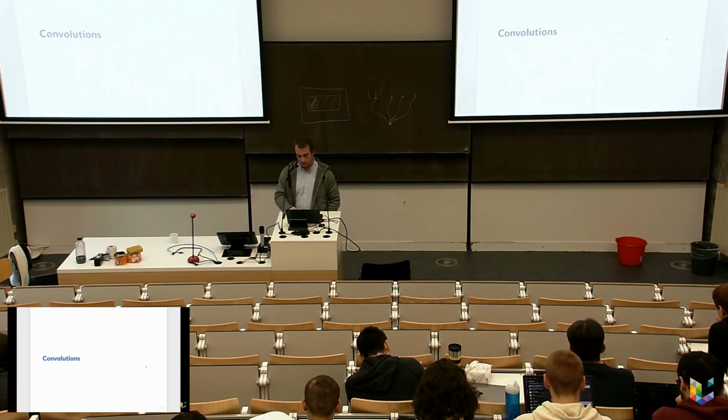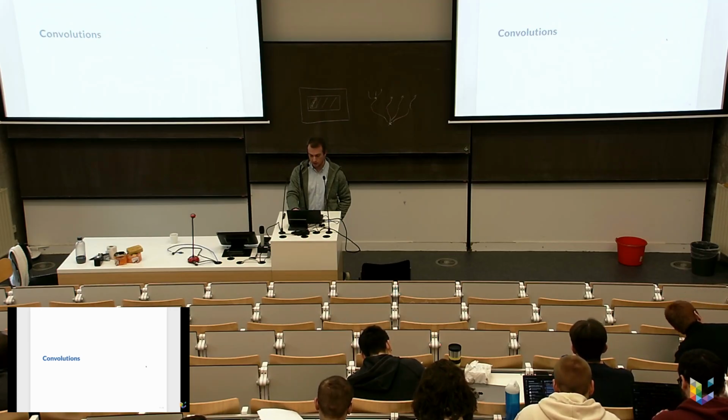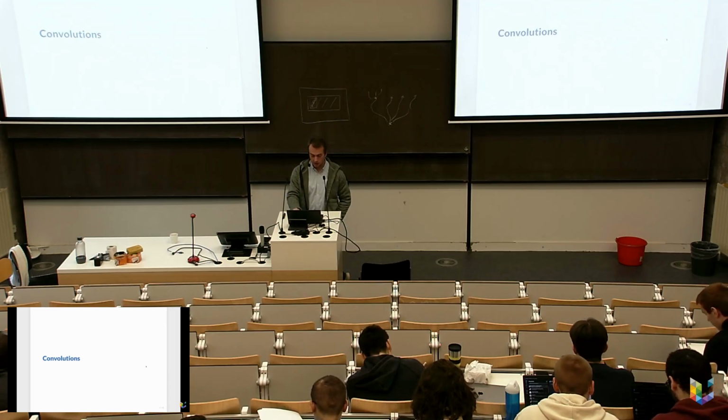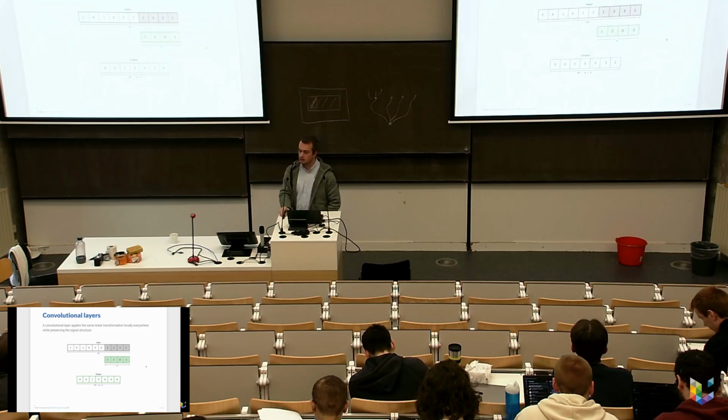All right, so let's now take the pieces of a convolutional neural network one by one, and once we have defined all of them, we'll compose them to produce convolutional neural networks. So the first element today will be convolutions. A convolution is mathematically quite simple.